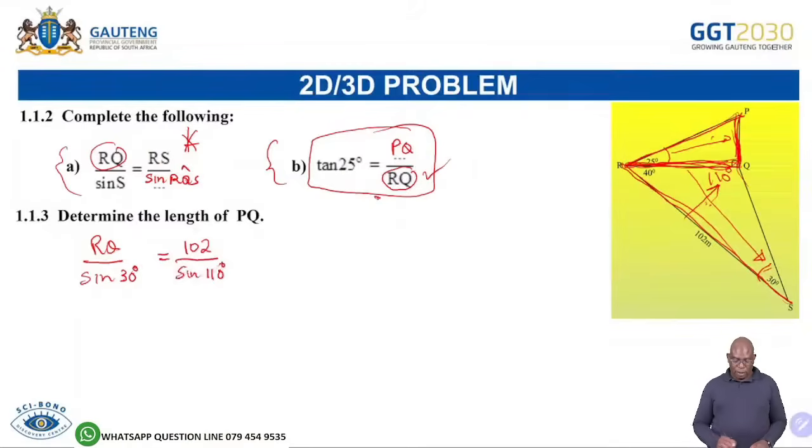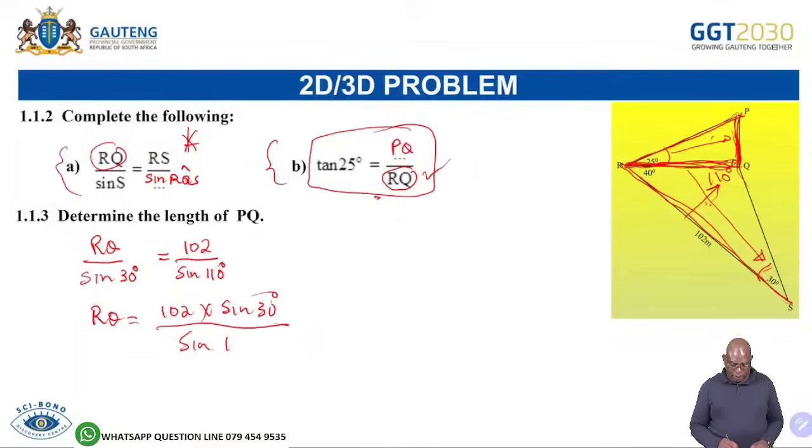Then I need RQ. I can make RQ the subject of the formula, which is 102 times sine 30 divided by sine 110. Then I can just quickly use my calculator. I think my calculator will give me 54.27, I think. Right?